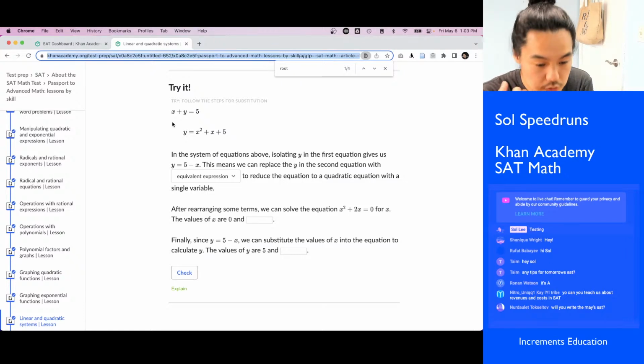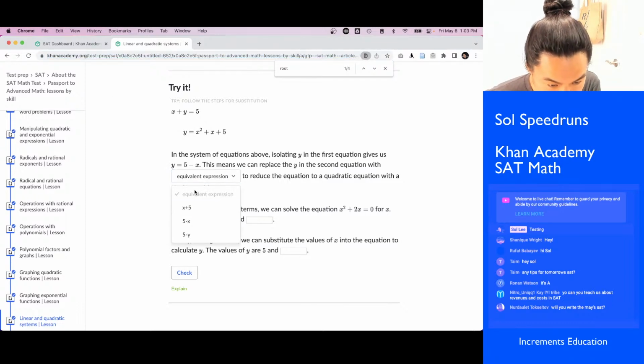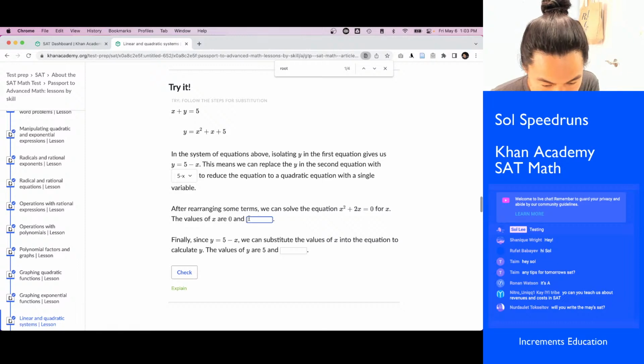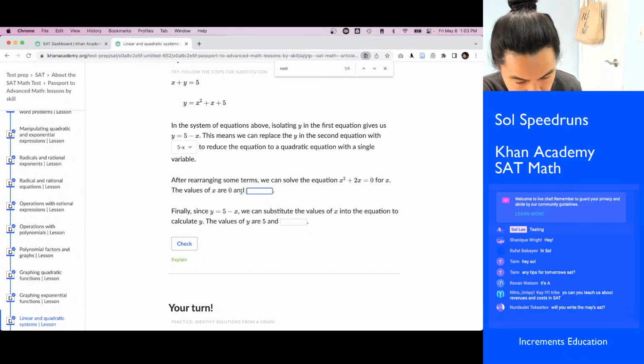Try it. X plus y equals 5. Isolating y gives us y equals, sure, which means we can replace y with, isn't that 5 minus x? Oh my god, that's a ridiculously easy question. All right, and then after rearranging some terms, we can solve 2x, and the values of x are 0 and 0.